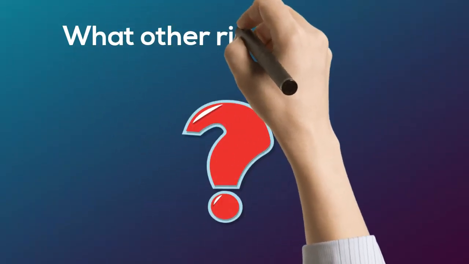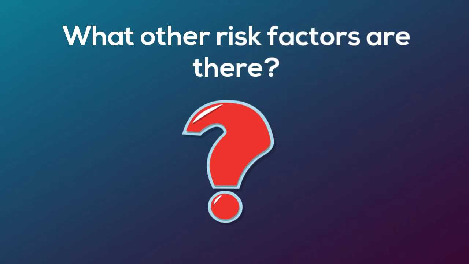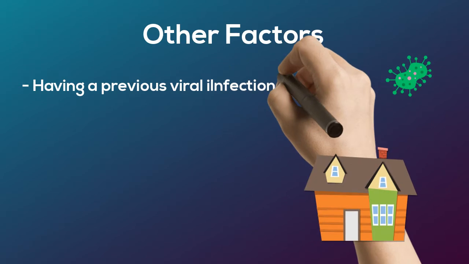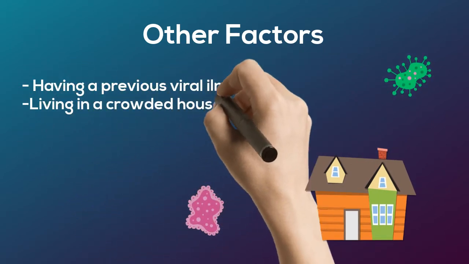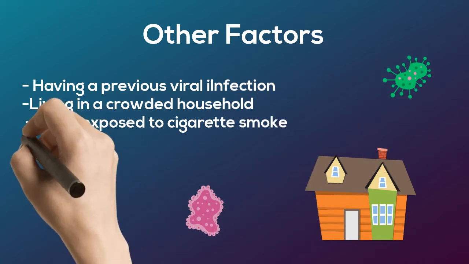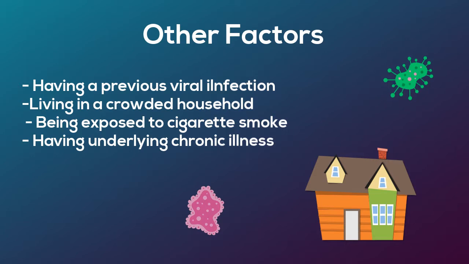Other factors that can increase a person's risk for contracting bacterial meningitis are having a previous viral infection, living in a crowded household, being exposed to cigarette smoke, or having an underlying chronic illness.